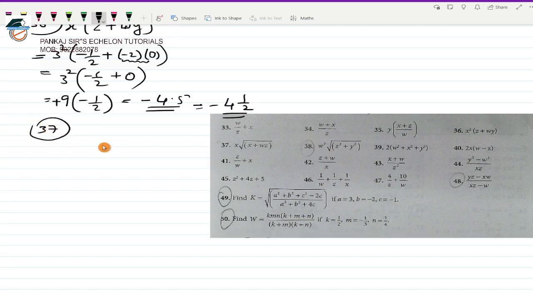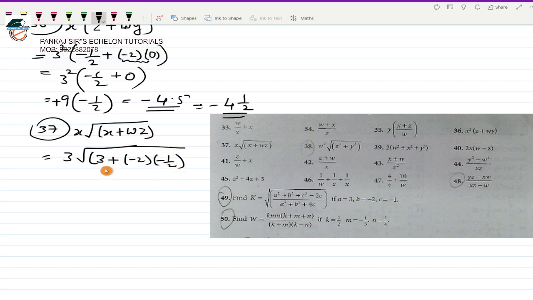The 37th question says x times the square root of x plus w into z. Okay, so plug in the values. For x I'm going to take 3, into the square root of, again for x I'm going to take 3, plus w I'm going to take minus 2, into z I'm going to take as minus half.